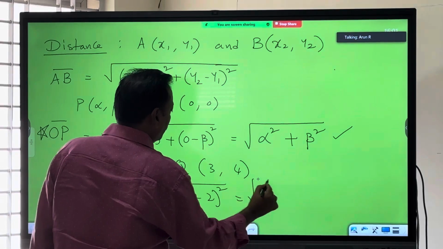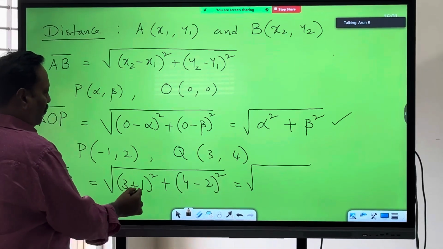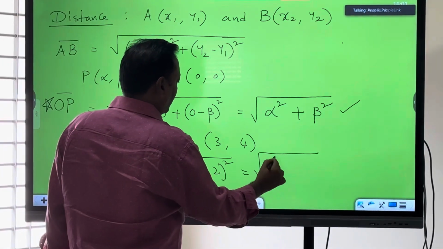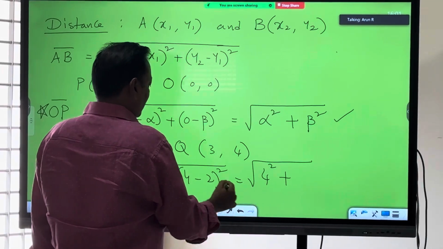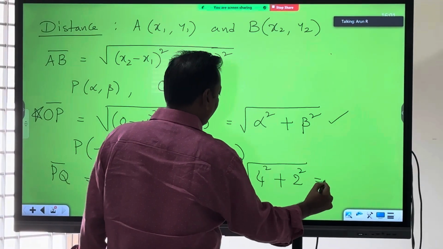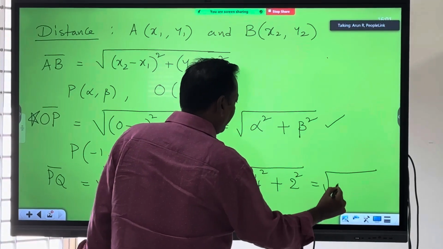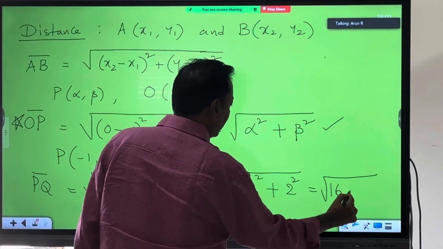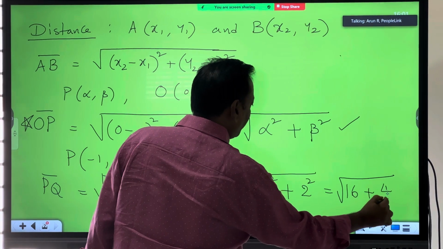Which is root over 3 plus 1, 4 square, plus 4 minus 2, 2 square. That is equal to square root of 4 square is 16 plus 2 square is 4.